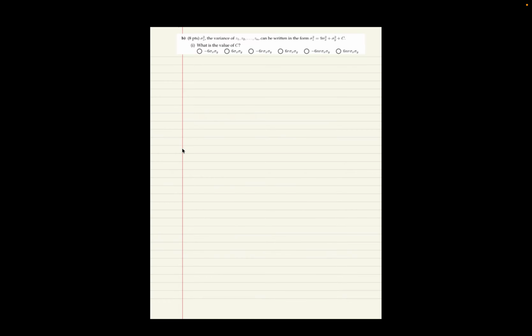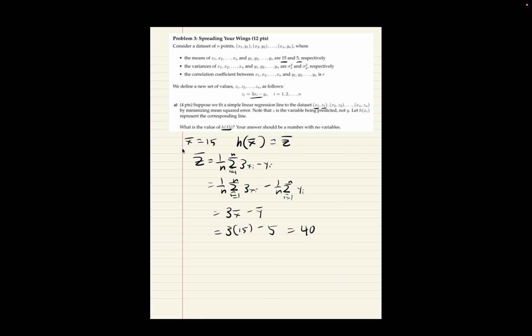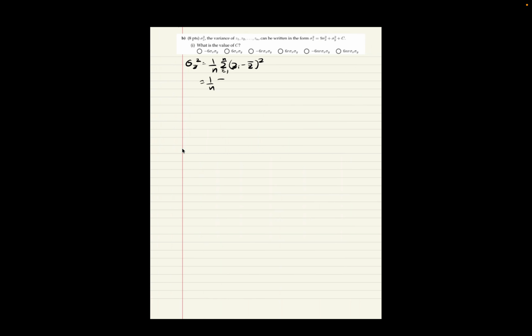So it makes sense here to start with the variance formula for z, which is going to be 1 over n times the sum of each z's distance from the mean of the z's squared. Since we're trying to find it in terms of the variance of the x's and the variance of the y's, it makes sense to substitute in the definition of z from the beginning of the problem, where it's in terms of x and y.